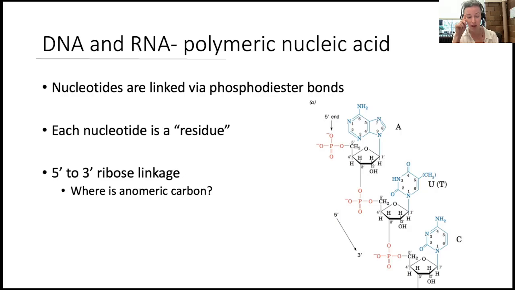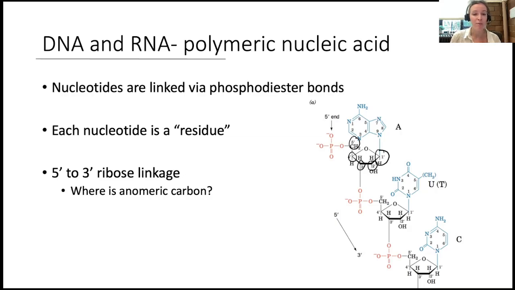I want you to think back to learning about anomeric carbons in the carbohydrates lecture. The anomeric carbon on the ribose is going to tell us what's going on here. In our case, we have carbon number 1 as the anomeric carbon. So counting up from there, carbon 2, 3, 4, 5 makes up the ribose.